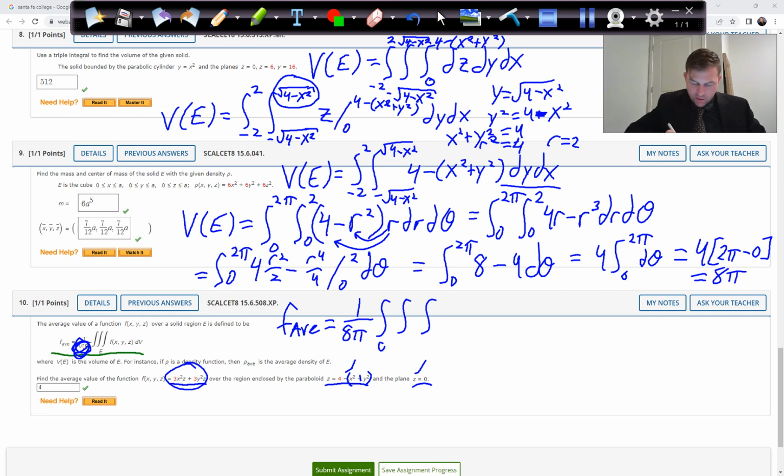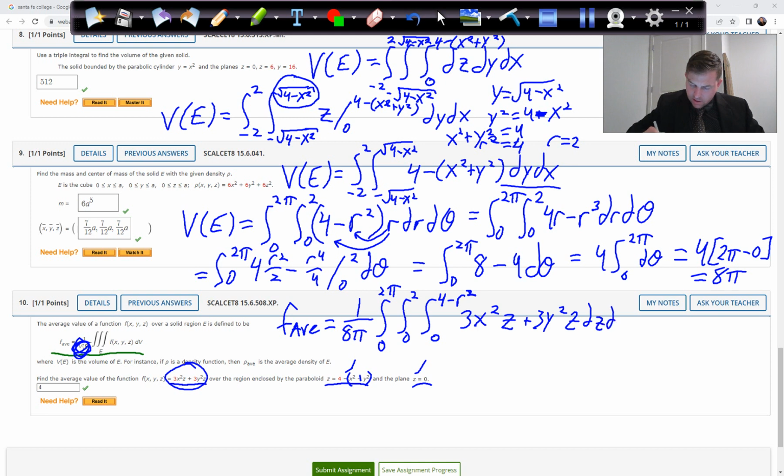So this is going to go from 0 to 2 pi, 0 to 2. Now the z term is tricky. The z term is still 0 to 4 minus r squared, but we actually have 3x squared. Now we have a function in here. 3x squared z plus 3y squared z, dz.